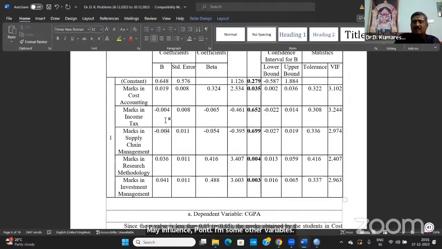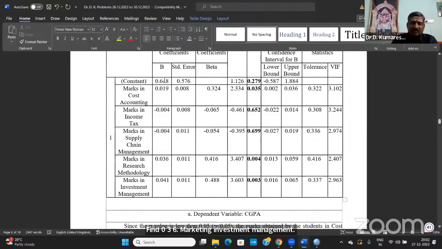You have to make yourself clear that the impact of independent variables may either be positive or negative. For that only these values are. Then marks in research methodology, positive, 0.036. Marks in investment management, that is B5.